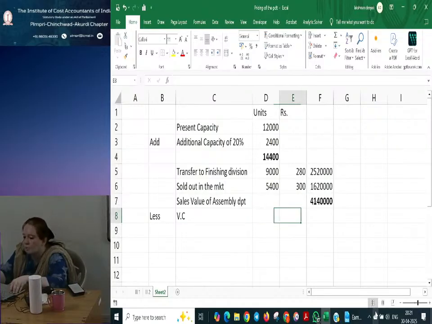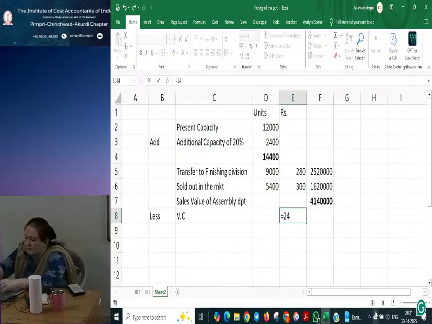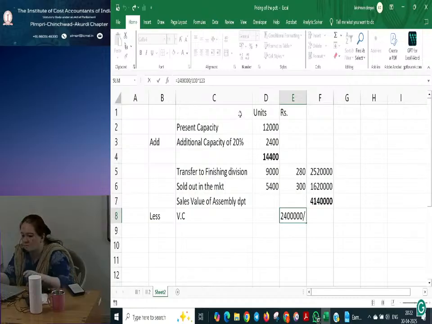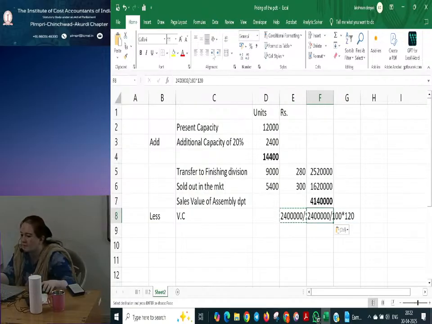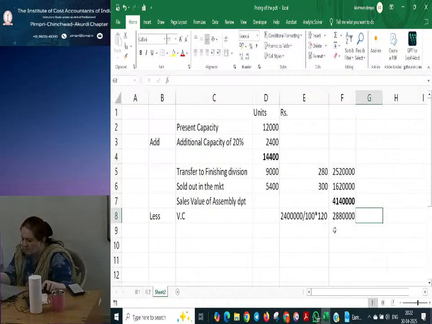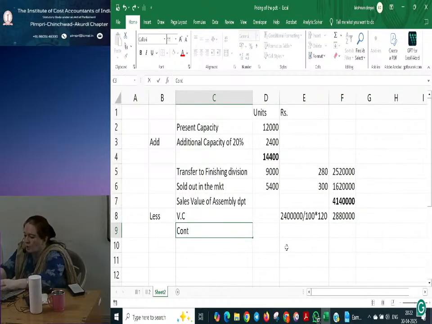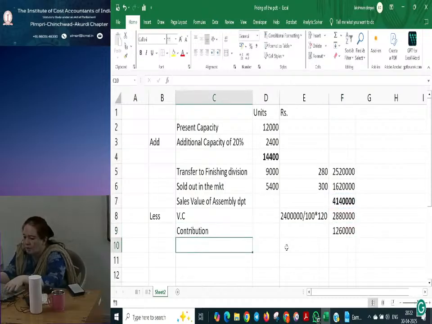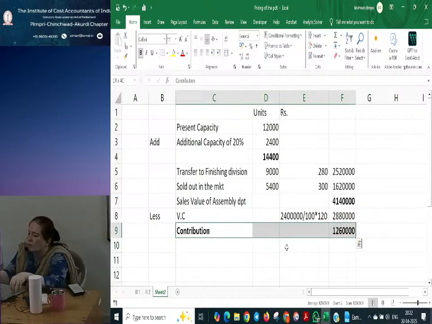So what are we going to do? 24 lakhs divided by 100 into 120, which is 28 lakhs 80,000, because it's going to change. So now your variable cost has changed. So what is your new contribution due to this proposal? 41 lakh 40 minus 28 lakh 80, which is your contribution.